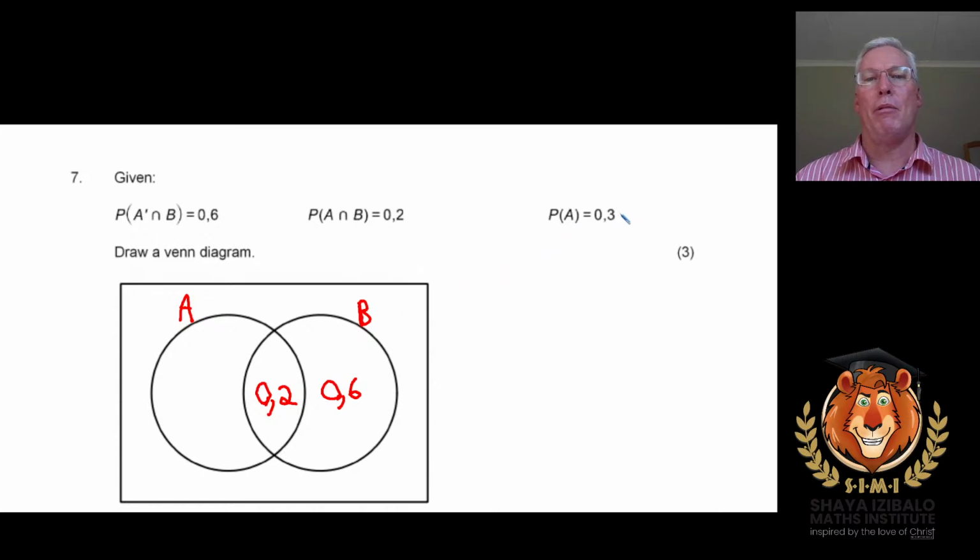And it tells us that the probability of A is 0.3. Right, so 0.3 must be made up of everything that's inside A, which means that this must be 0.1. Right, which means that I've got 0.9 so far, which means that this must be 0.1 as well, coincidentally.